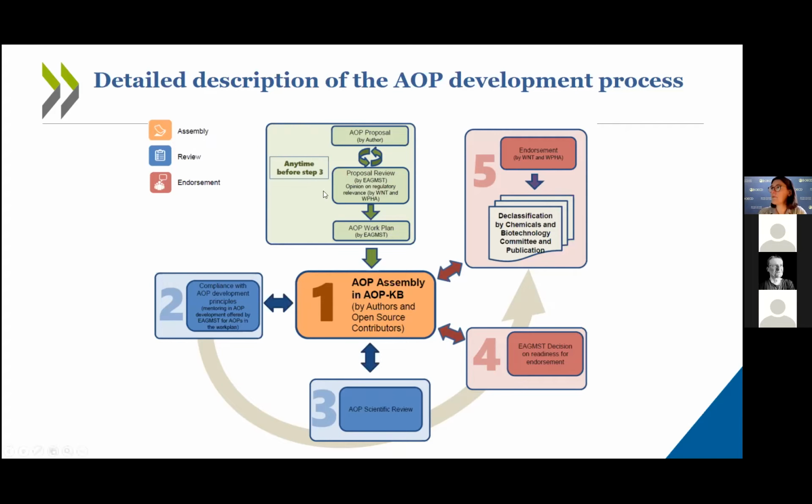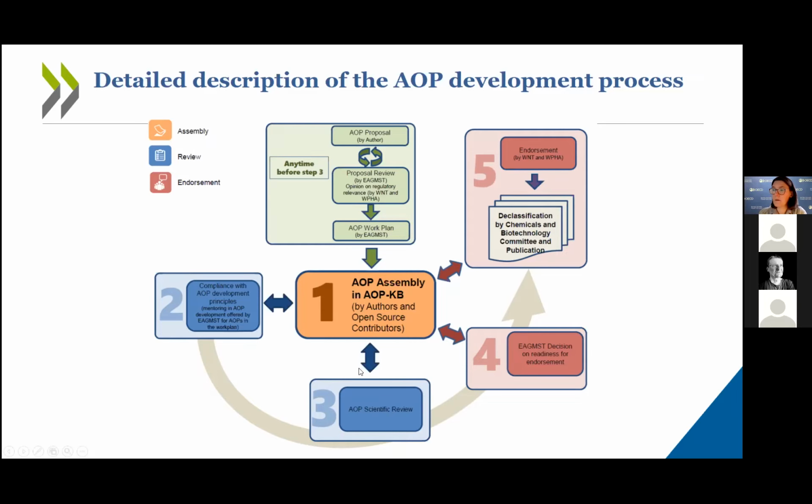At any time of the process, before the endorsement phase, an AOP author or team of authors can submit their project of an AOP development to the OECD for inclusion in the AOP Development Program work plan. And those AOPs included in the work plan will benefit from the assistance of a coach during their development. The coaches will help authors make sure their AOP is developed in compliance with the AOP development principles.